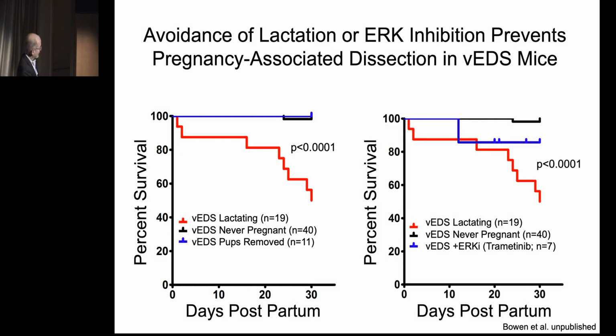Pregnancy-associated aortic dissection is really common in these mouse models, and you can see if you simply remove the pups and prevent lactation, you now see 100% protection from pregnancy-associated dissection. Once again, the ERK inhibitor protects from pregnancy-associated aortic dissection in this mouse model.